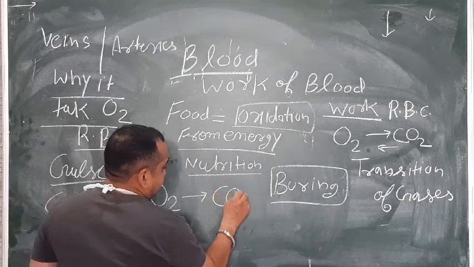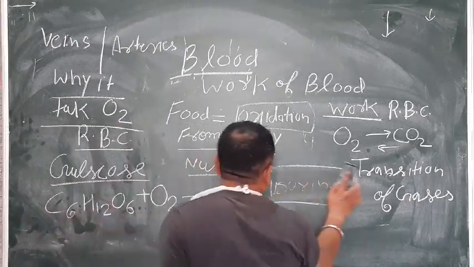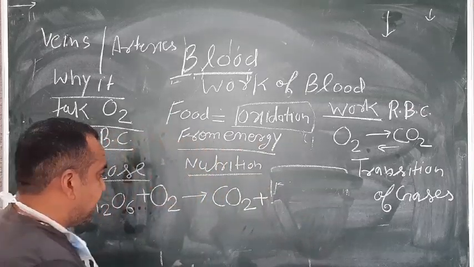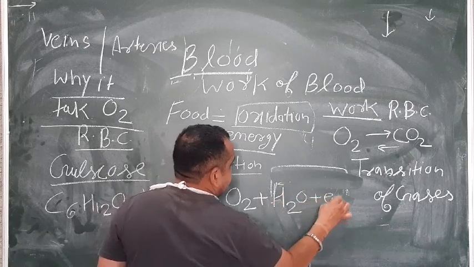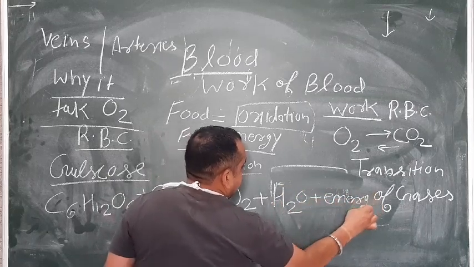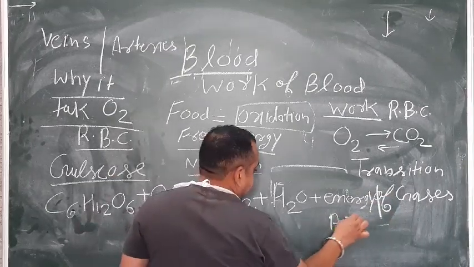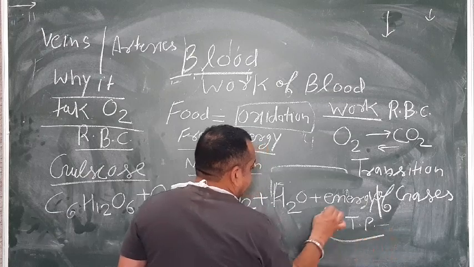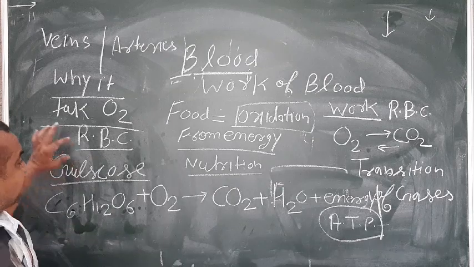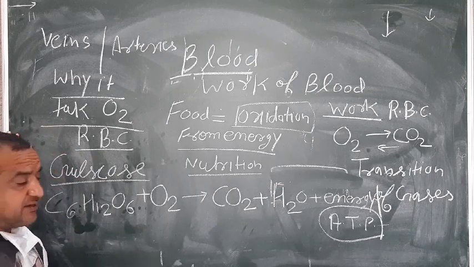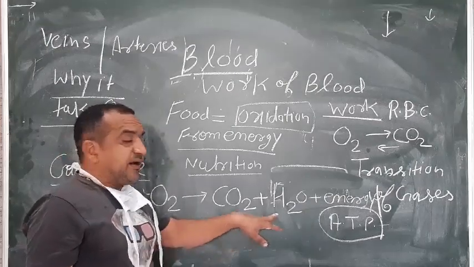When our food is oxidized with the help of oxygen, carbon dioxide, water and energy will be generated. In our body, energy is generated in the form of ATP. Carbon dioxide and water are also made.